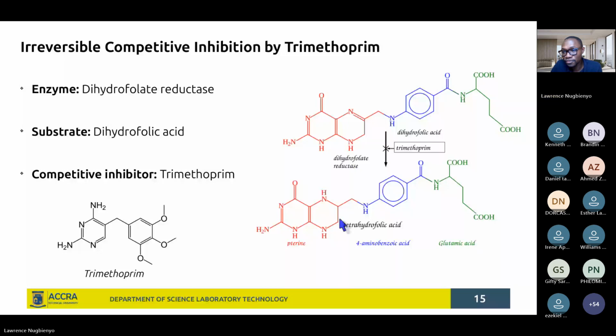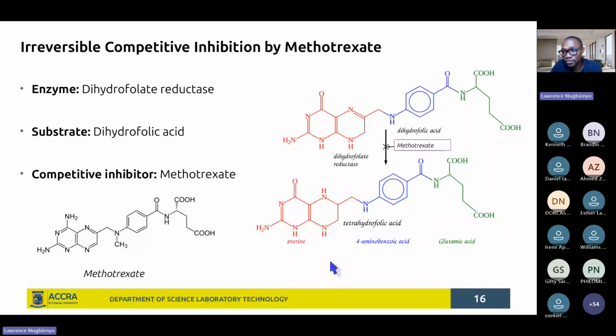Now, we are taking the same reaction again, that last reaction. This time around, the inhibitor is methotrexate. This drug, I think we saw it used in chemotherapy against cancers.